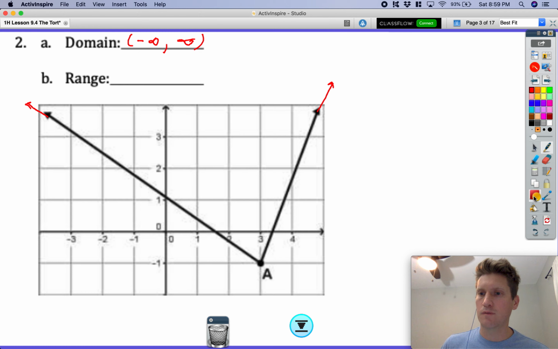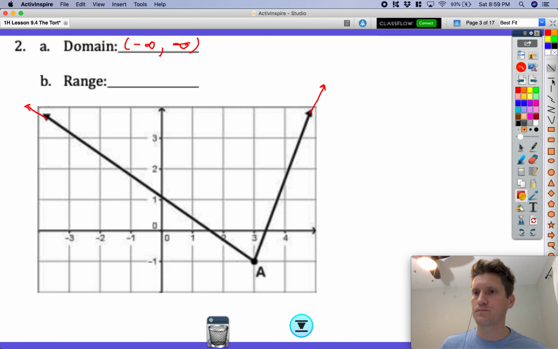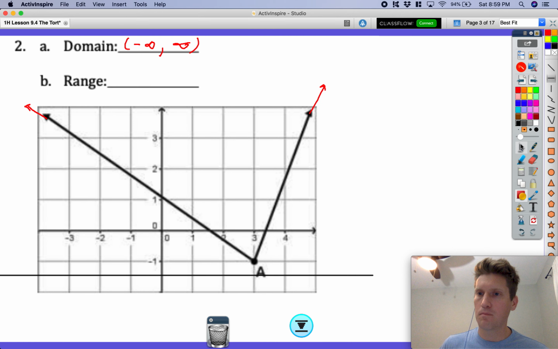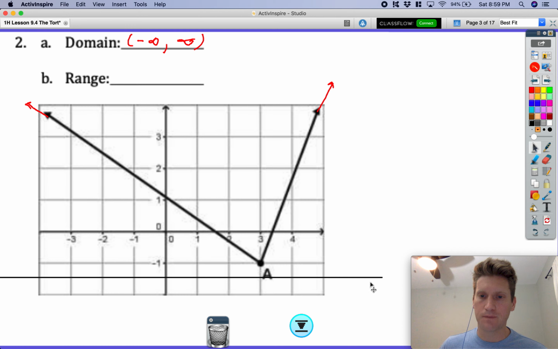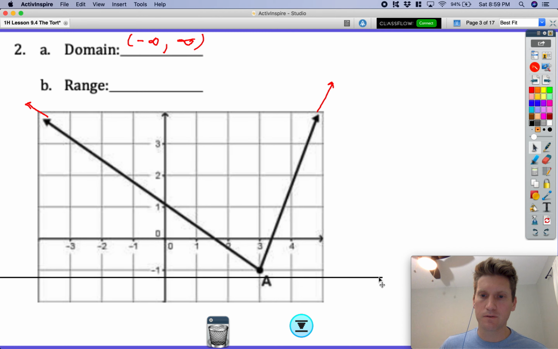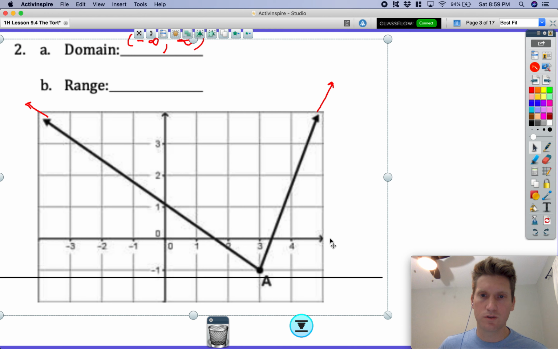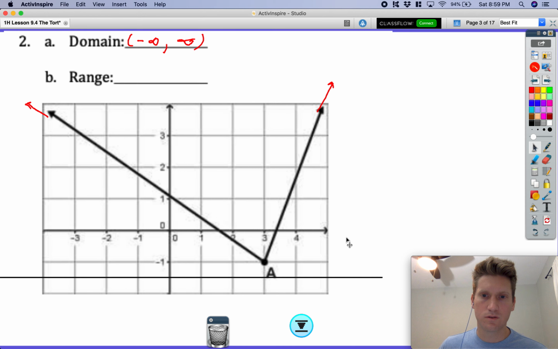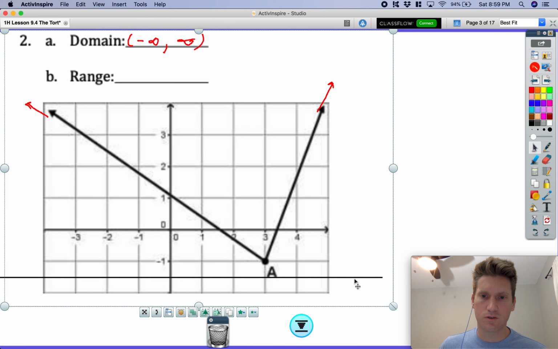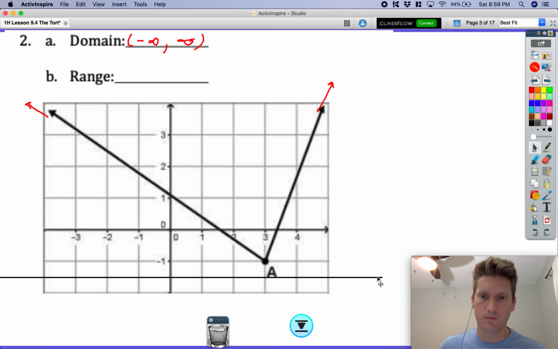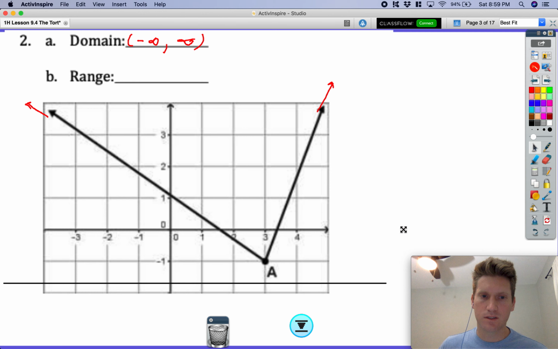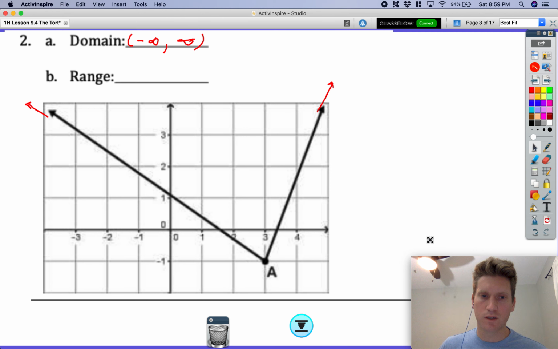Now the range, remember, is all my possible y values. So if I look at this little bar right here, it's indicating where the y value starts.